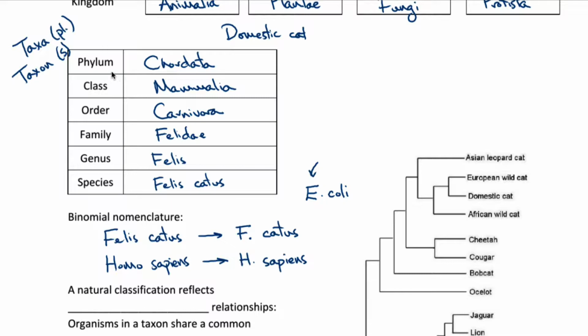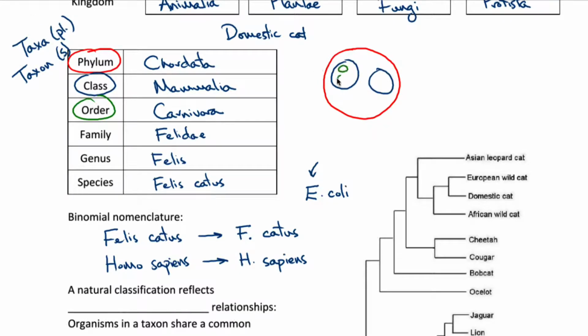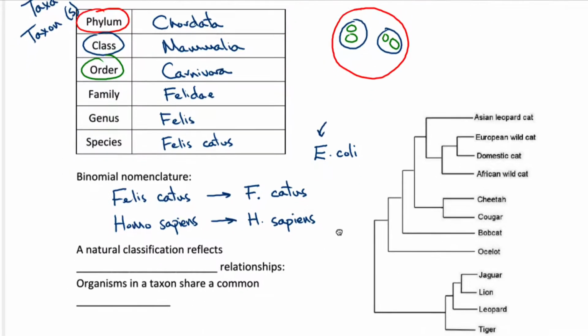Notice that this system, where the domain contains the kingdom, which contains the phylum, which contains the class, etc., can be thought of like a nested Venn diagram. So if that's the phylum, then a particular phylum may contain several classes, and those classes may each contain several orders, etc. Now, ideally, we would like these groupings to reflect evolutionary relationships, and we call that a natural classification.